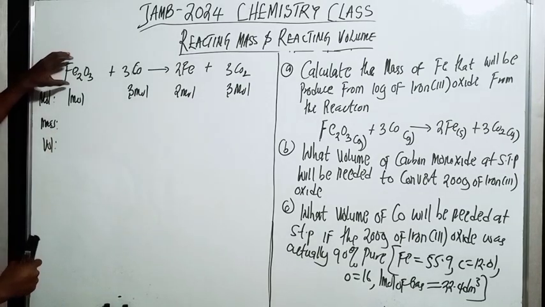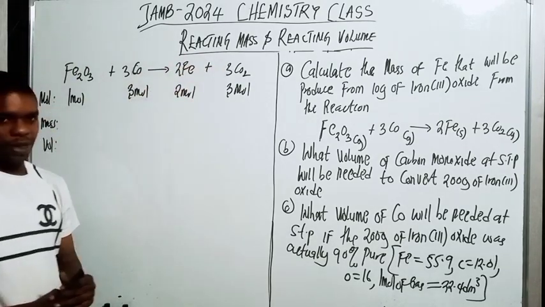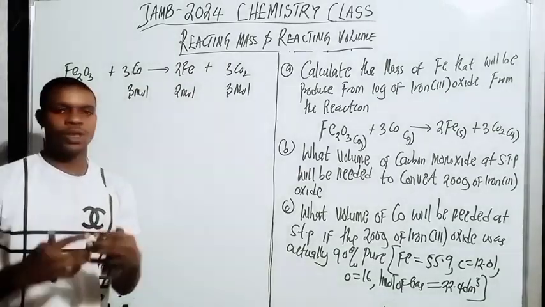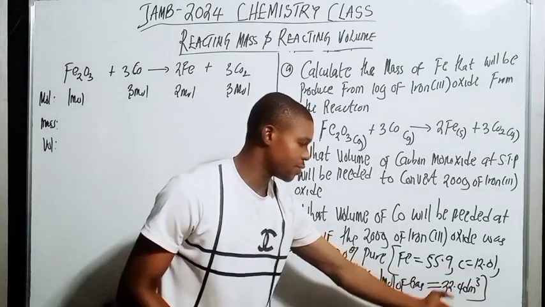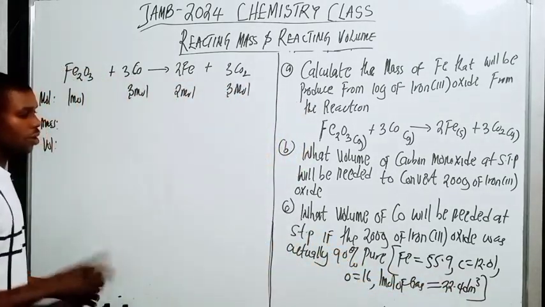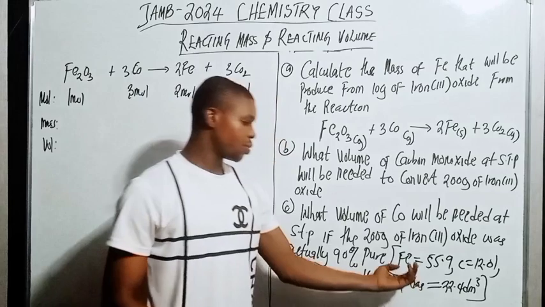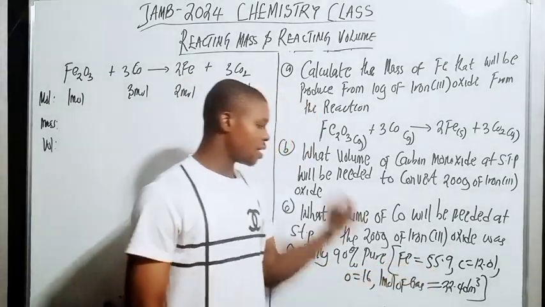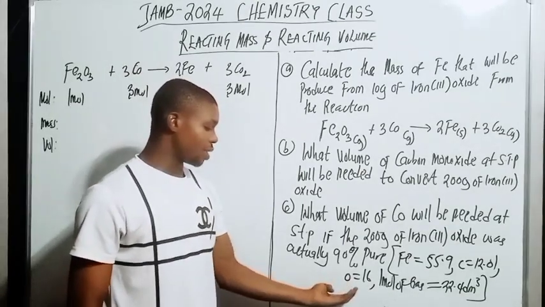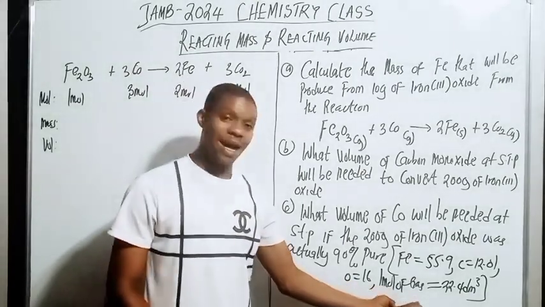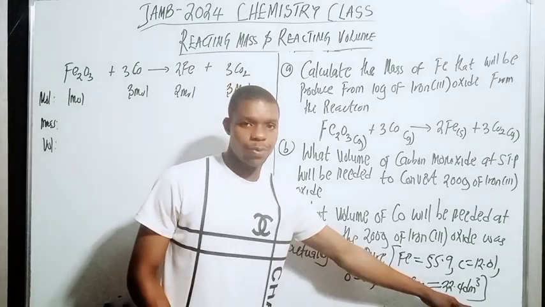So we have to look for the molar mass of each of the compounds. And here they have given us all these things. Iron is 55.9, carbon is 12.01, oxygen is 16. 1 mole of a gas is equal to 2.4 dm or liter.